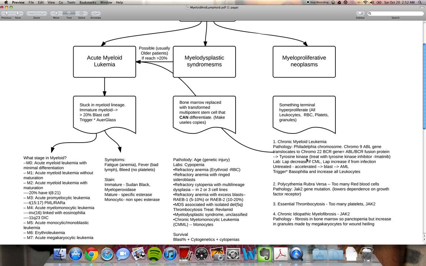So what do you end up with? When you have chronic myeloid leukemia, you're making a bunch of leukocytes. So what that's going to mean is you're going to have an increase in all leukocytes. Now the trigger is you're going to have a basophilia.